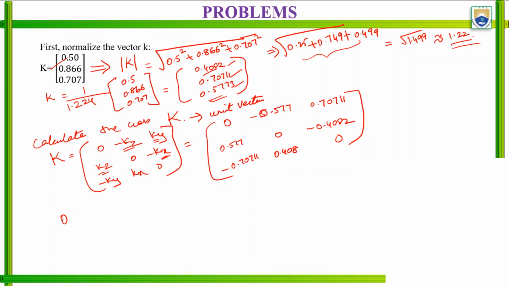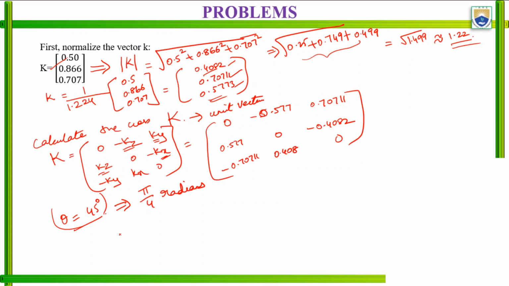Now, we have the angle as 45 degrees given in the question. When we convert this angle into radians, it is pi by 4 radians.